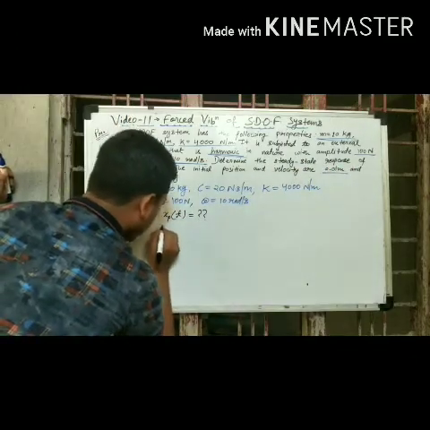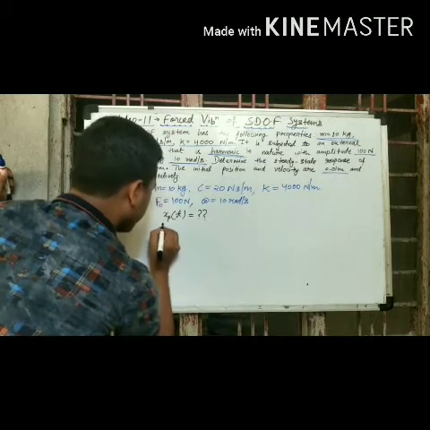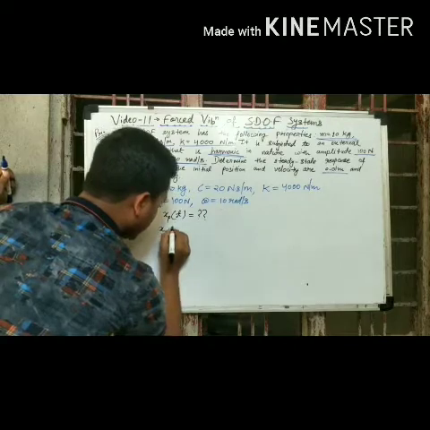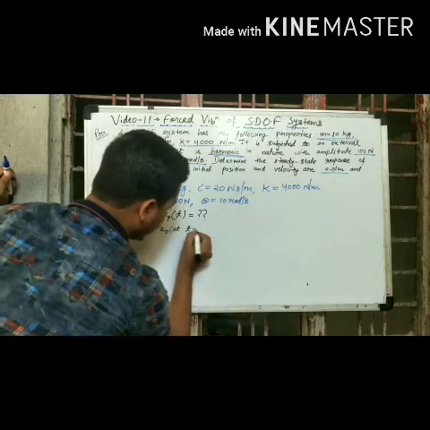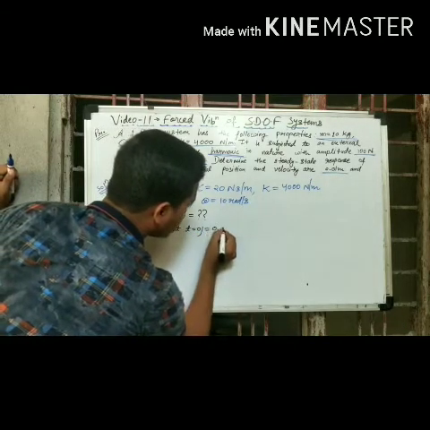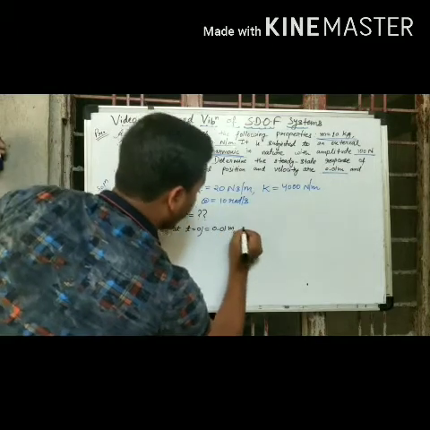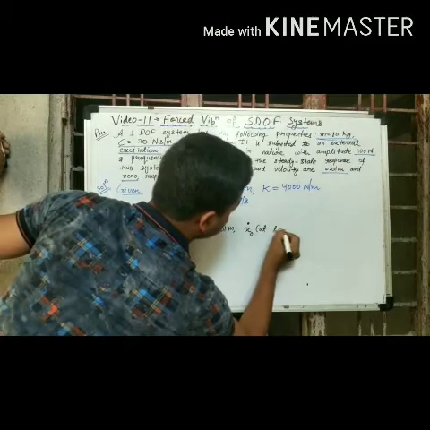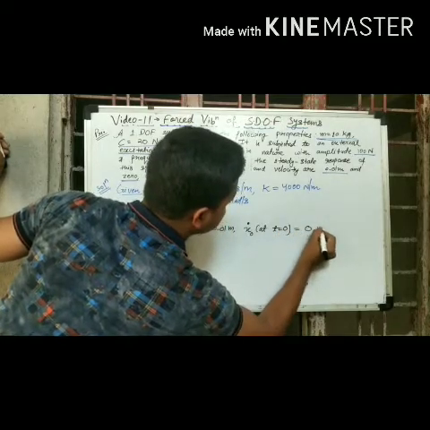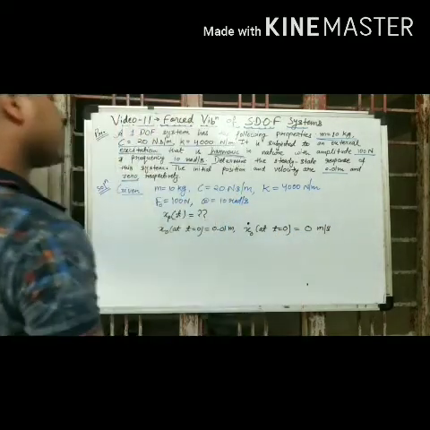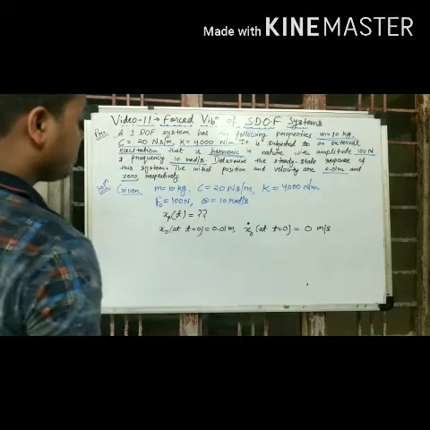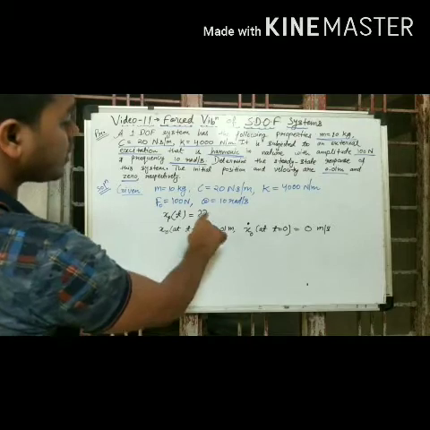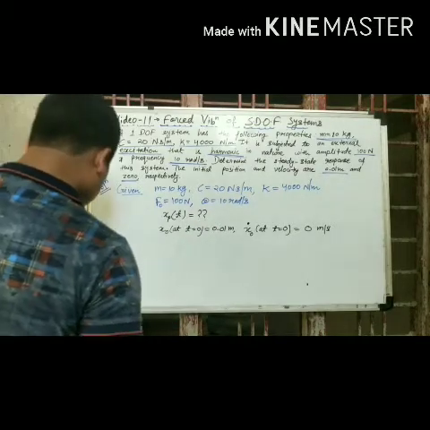So x naught at time t equals 0 is 0.01 meter, and x dot naught at time t equals 0 is 0 meter per second. These are the initial conditions. Now we'll solve this one.